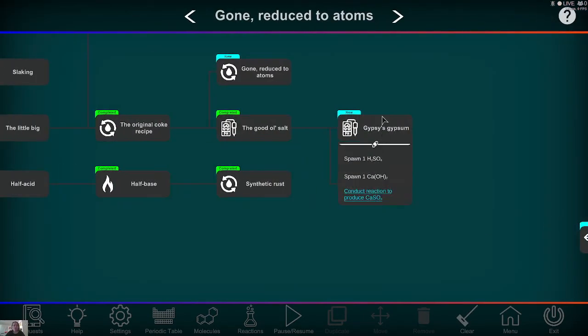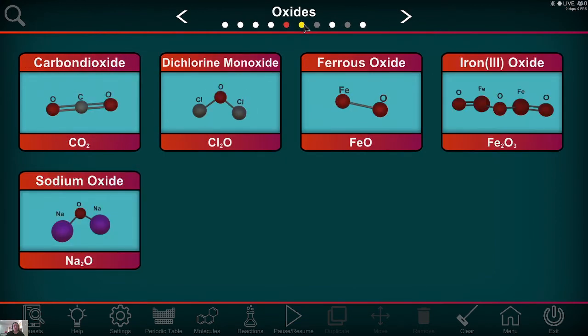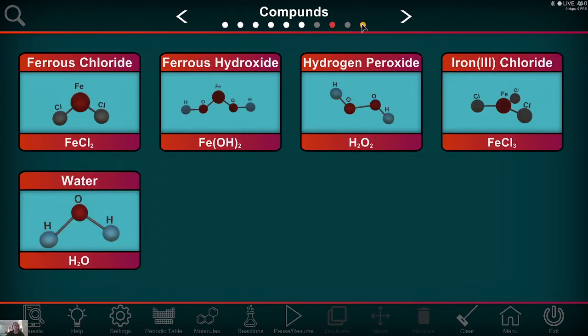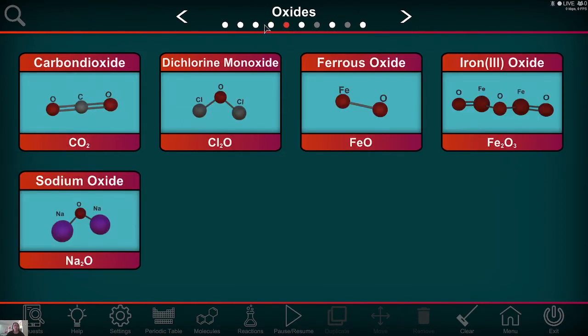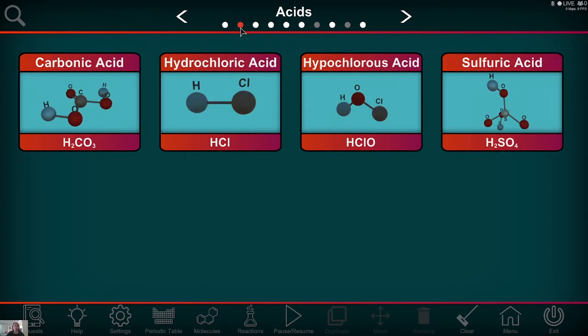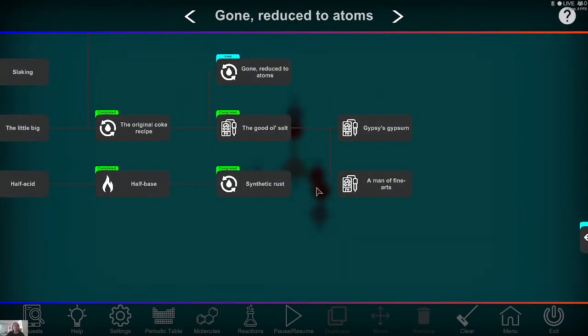How about spawn H2SO4? Okay. Spawn conduct reactions produce.